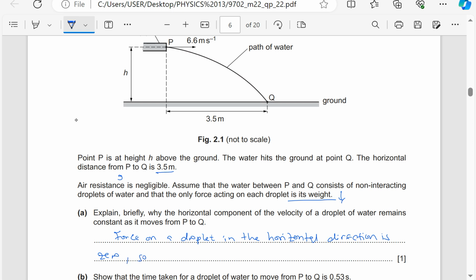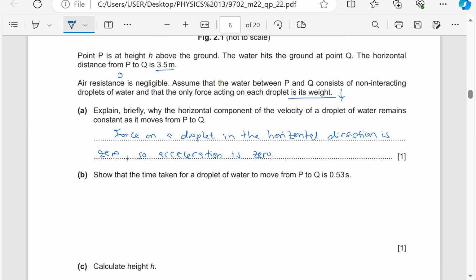If you want, you can say so the acceleration is 0. There is no acceleration in the horizontal, to be precise.